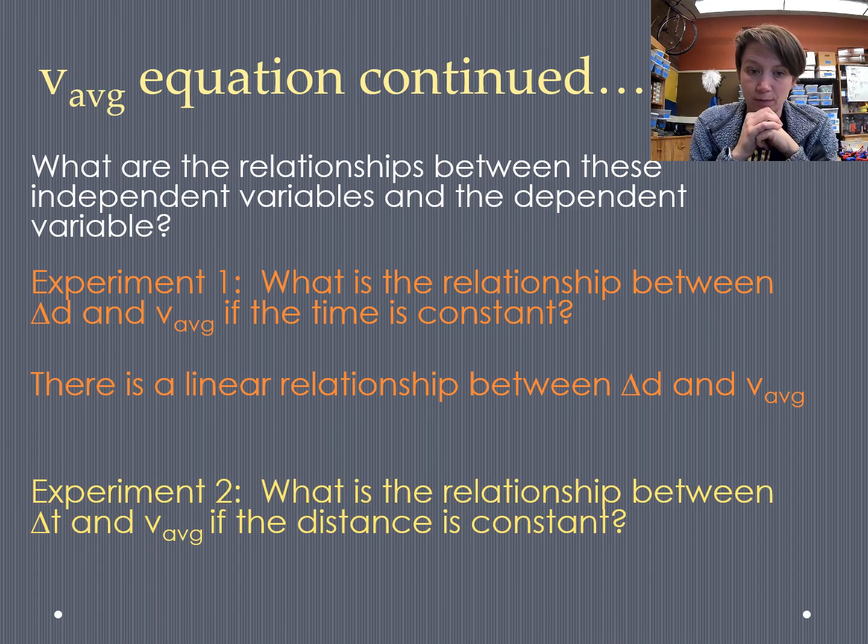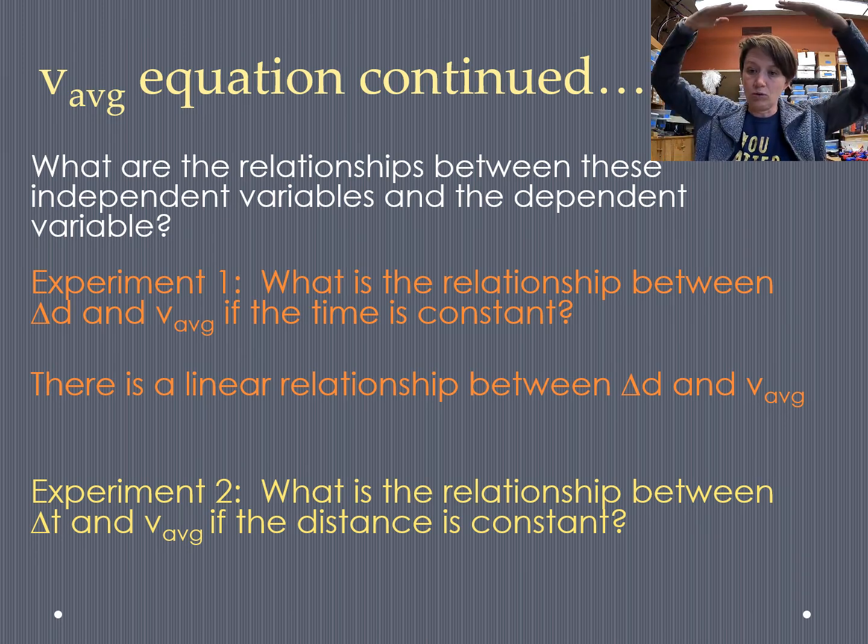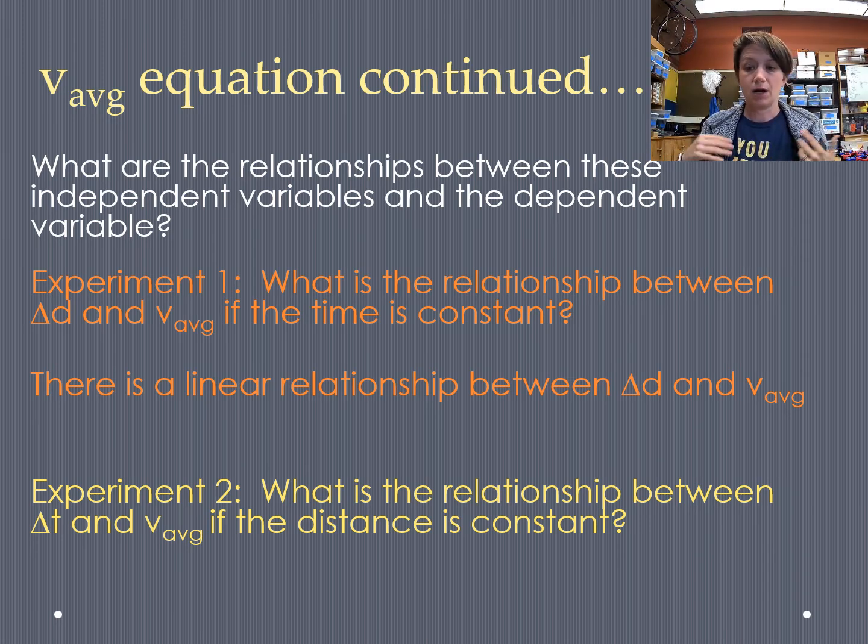Let's do another experiment. This time, I want to know what is the relationship between delta T and V average. This time I have to keep the distance constant. That means I've got my car and my bicycle, and they're both going to cover the whole distance of the screen. But I want to know, are they going to take the same amount of time to do it or not? Okay, so on your marks, get set, go.